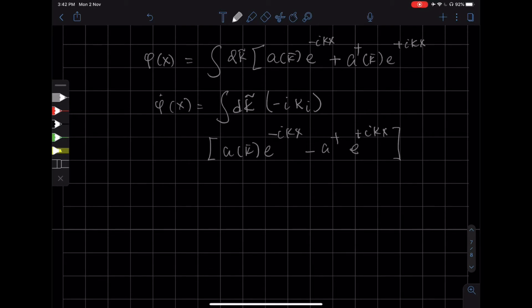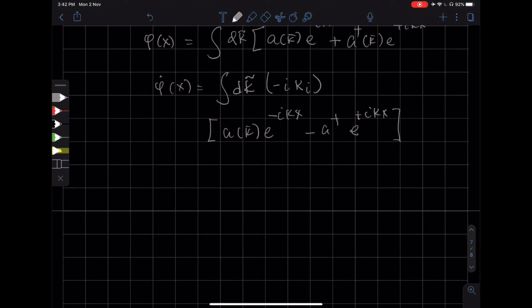And similarly, if I look at the spatial derivative of phi, sorry, my mistake. First, we're going to work out what the time derivative of phi is.